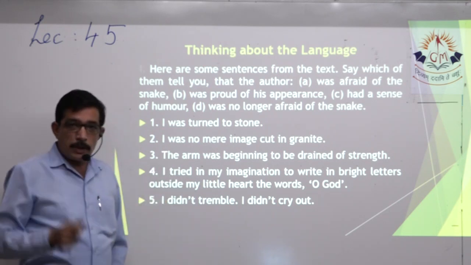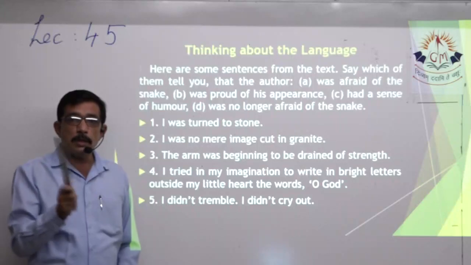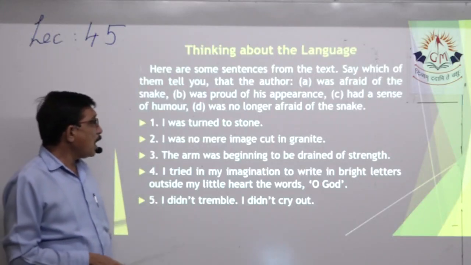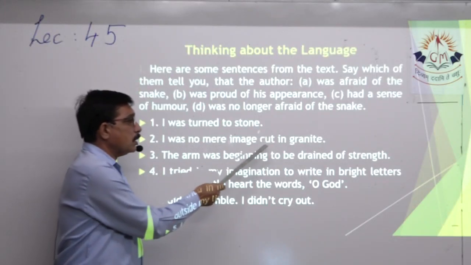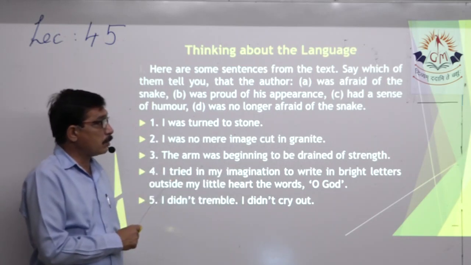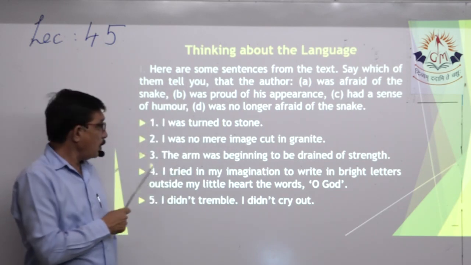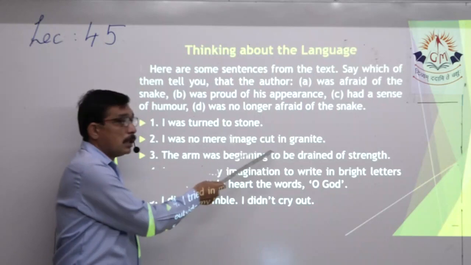You can write in your material A, B, C, D with pencil, right? So that if need be, you can rub it out. "I was no mere image cut in granite." Now in the first sentence he says, "I was turned to stone." That means he was afraid of the snake. "I was no mere image cut in granite."